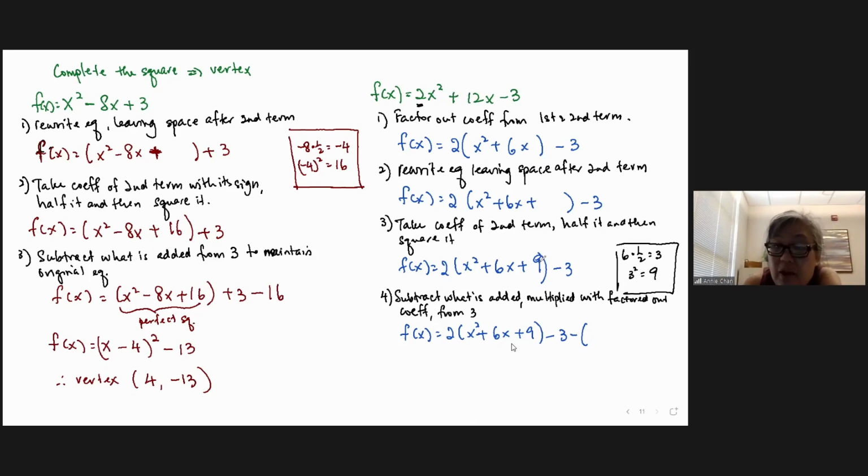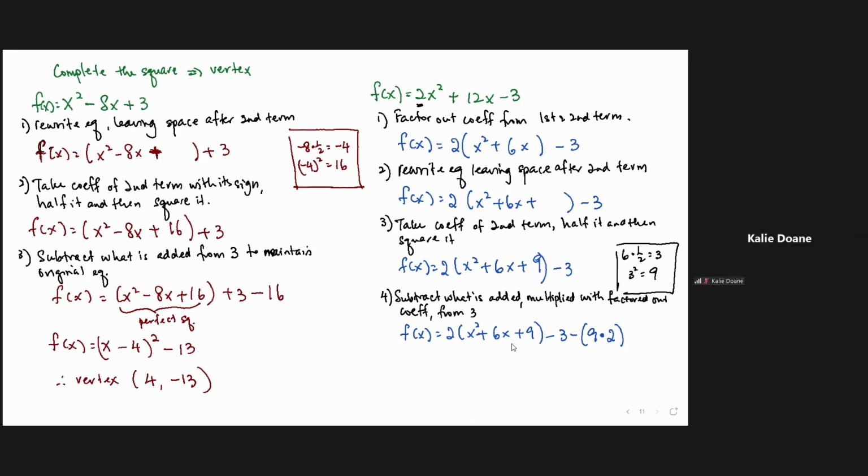This 9 was found after I factored out 2. So when I take it off, I have to be mindful of this 2 that I factored out. So I have to take 9 and factor back in the 2. Do you see that? Yes. Okay.